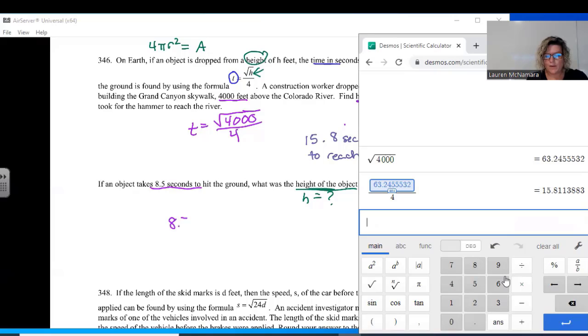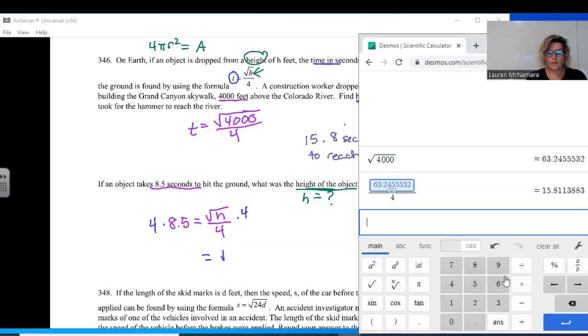So 8.5 is equal to the square root of h divided by 4. So now I need to solve, which means I need to get my radical by itself first. Well, what's happening to my radical? So here's my square root of h. It's being divided by 4. So what's my inverse operation there? Yeah, again, multiplication. So I'm going to multiply both sides by 4.